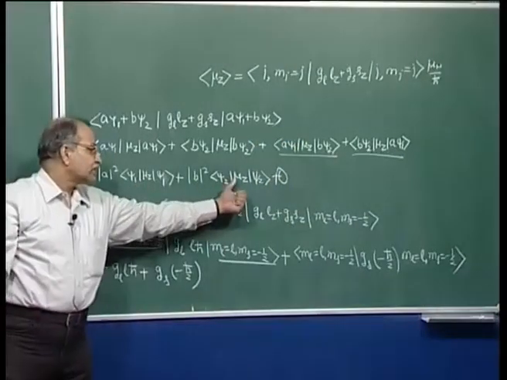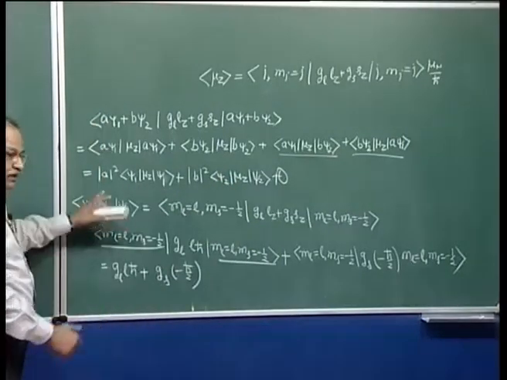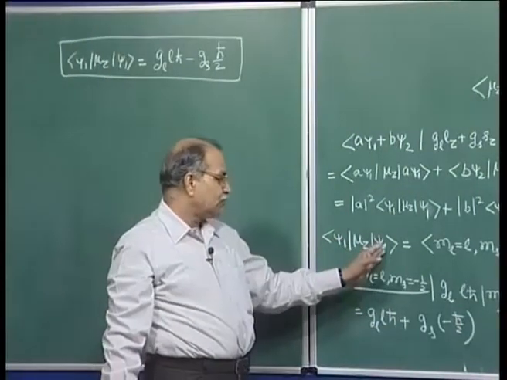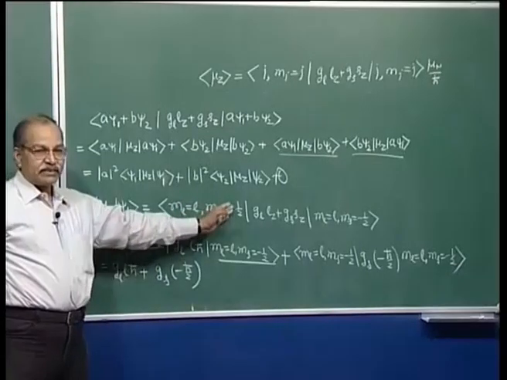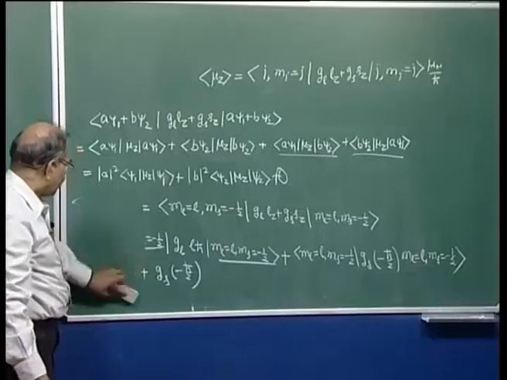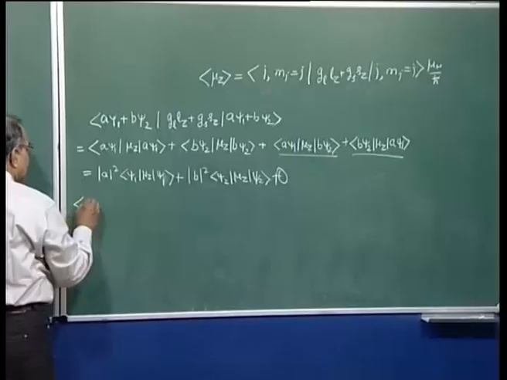So, this part I have evaluated. Next is this part. Let us do psi 2 mu z psi 2, similar calculations. So, here ML is L minus 1 and MS is half. I will not do that whole calculation this time.